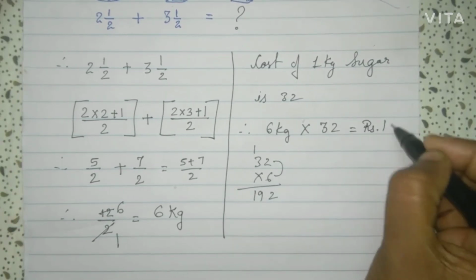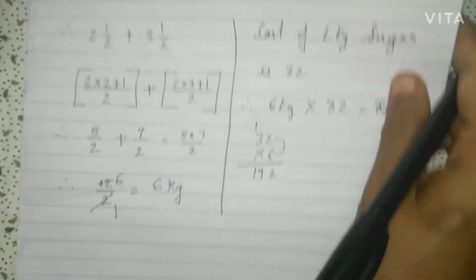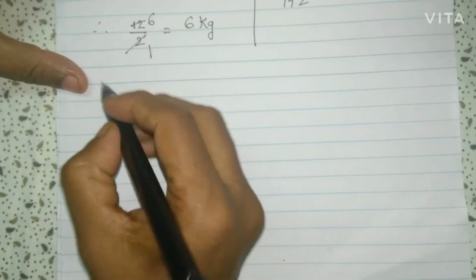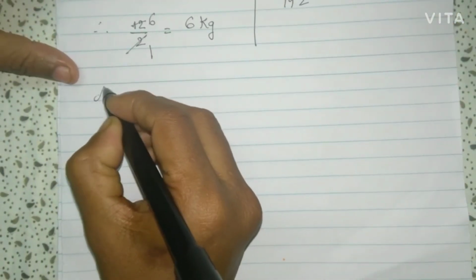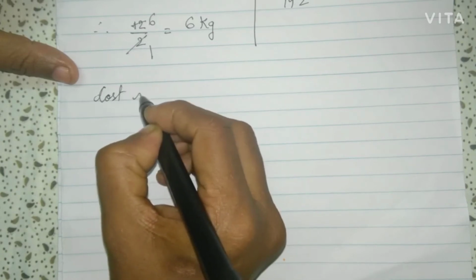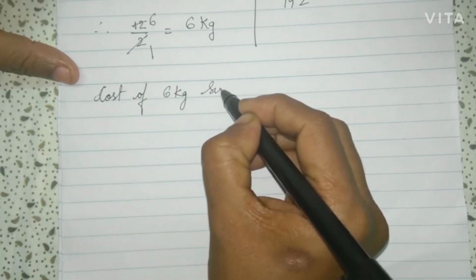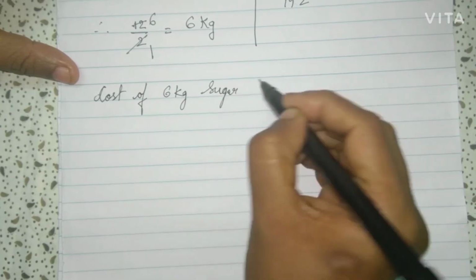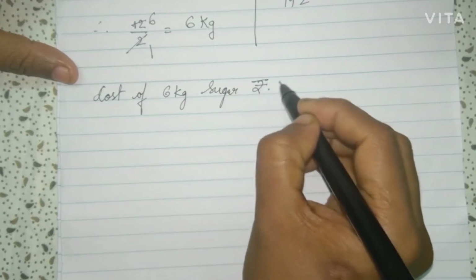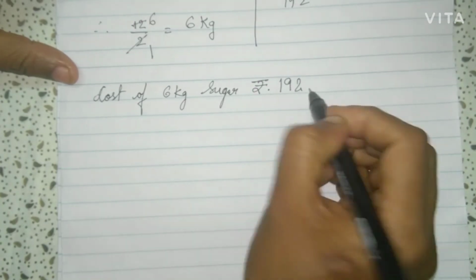So 192. Finally, you will write the statement: cost of 6 kg sugar is rupees 192.